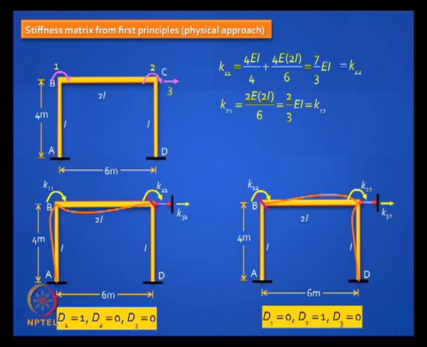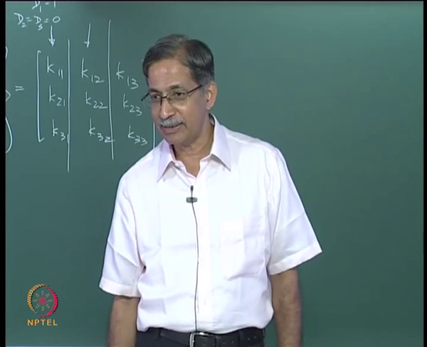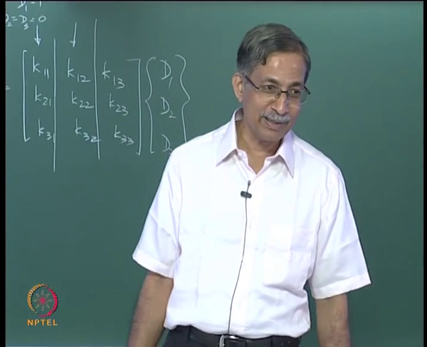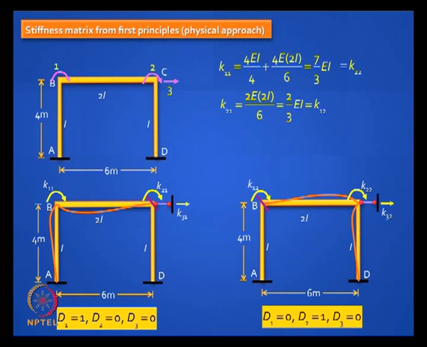This is equal to K12, so there itself you see the symmetry in the matrix. What is left over here? K31. Can you find out what K31 is? That's a clue.